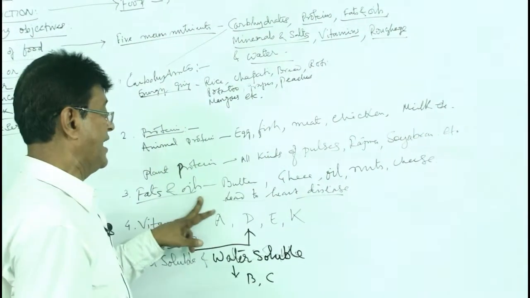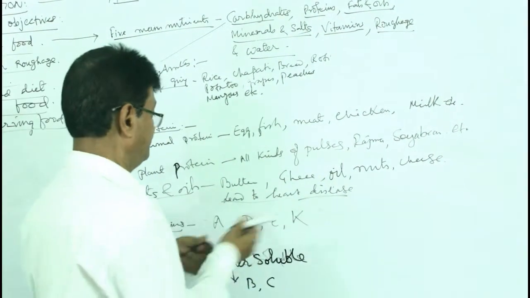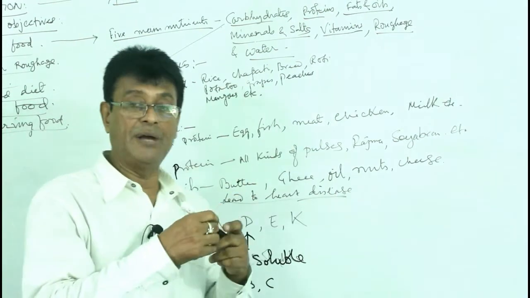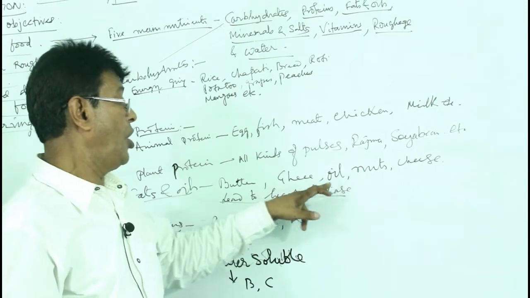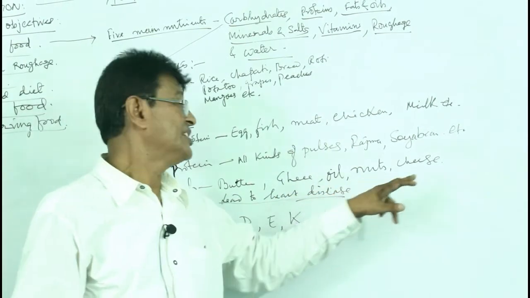The fats and oils that we get come from butter, which many of you like to have on toast, ghee, oil, nuts, and cheese.